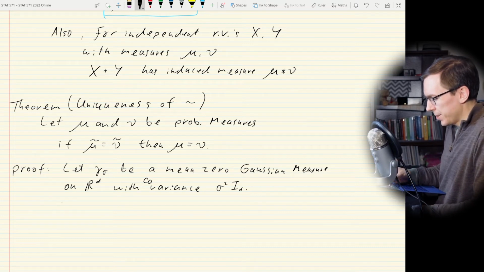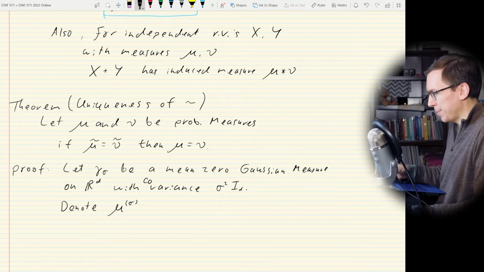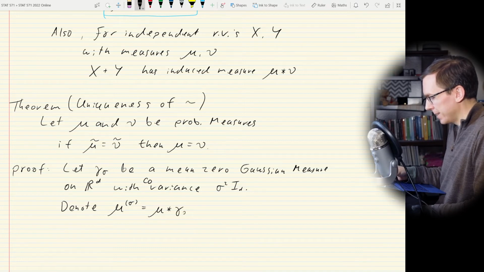And then we are going to write mu with sigma in the exponent to be mu convolved with gamma sigma.